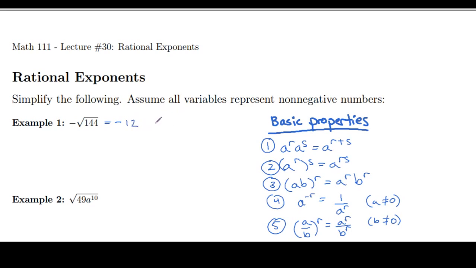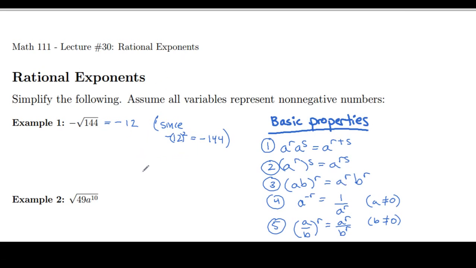Since negative 12 squared is equal to negative, notice that this part is sort of in parentheses, is negative 144. And notice that's different than if I took negative 12 and put that in parentheses and squared it. That would actually be positive 144.